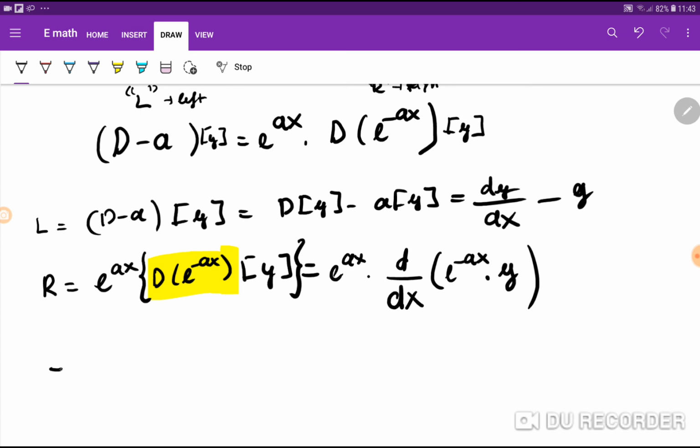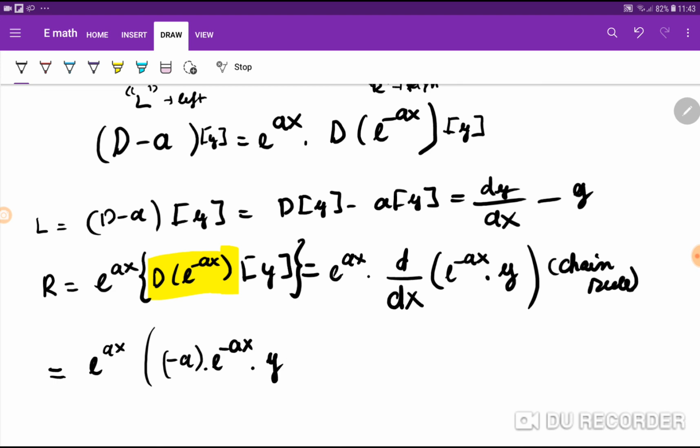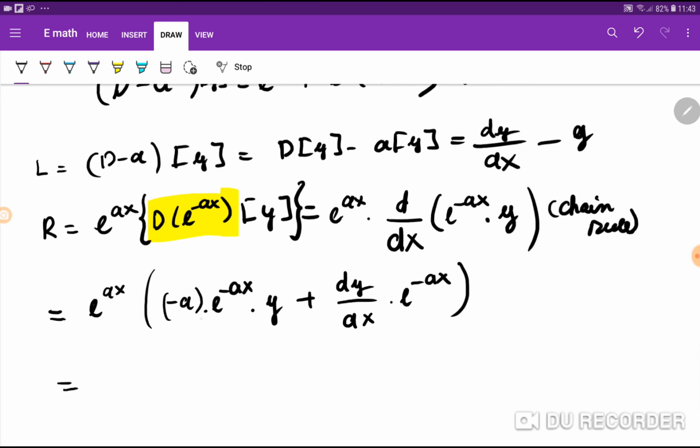Let's expand using the chain rule and see what we get. So e to the power ax remains the same. The derivative of this one first is negative a times e^(-ax) times y, and then the derivative of y retains the first term. You times them together.